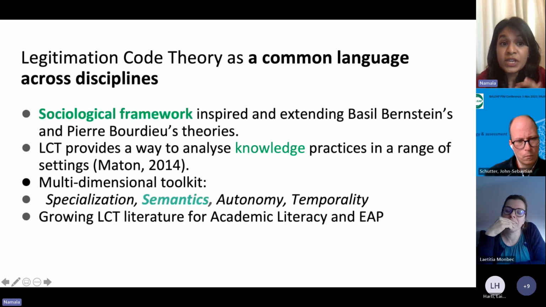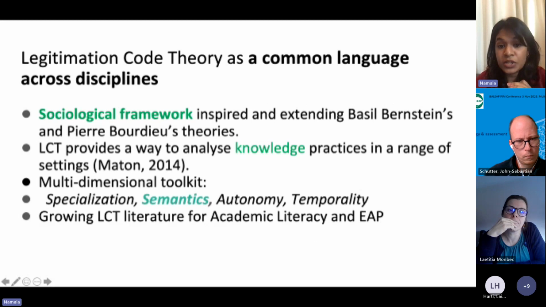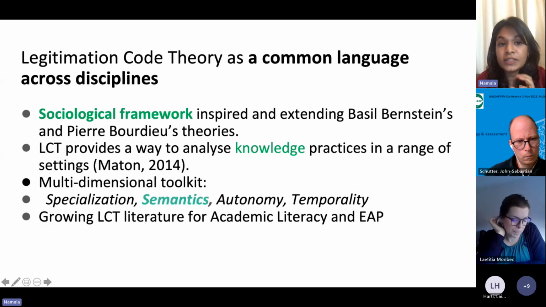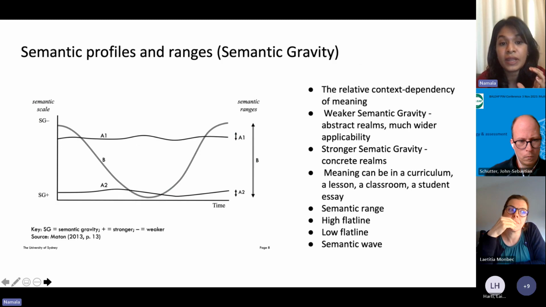Legitimation code theory gave us a common language of description. It's a sociological framework which explores knowledge practices, and there are multiple dimensions. We picked semantics from these dimensions because there's a growing LCT literature on academic literacy and EAP, particularly in using semantics.